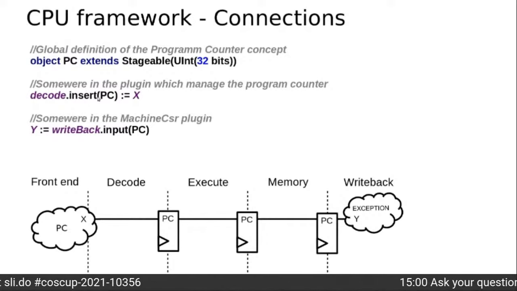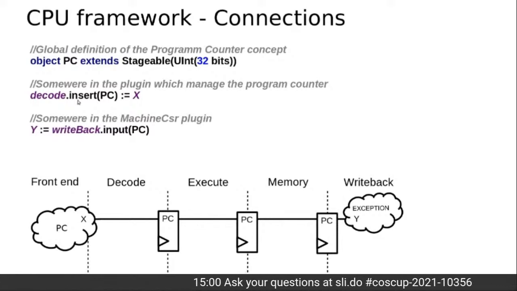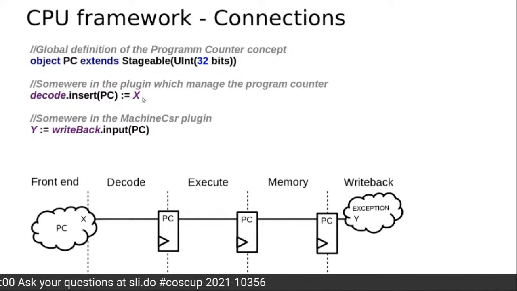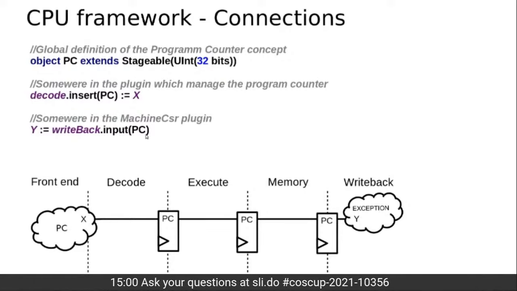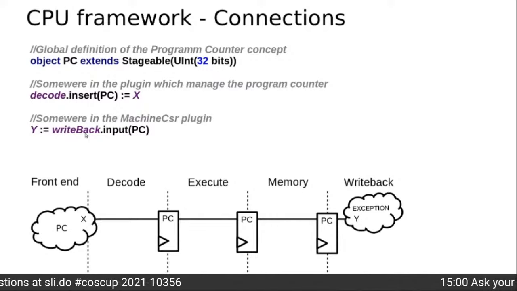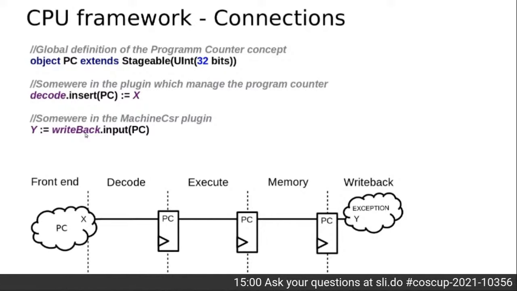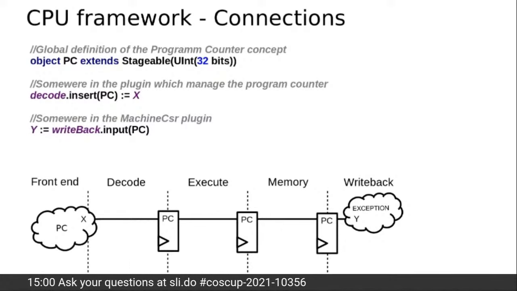And then, for instance, in the PC Manager plugin, we will insert the program counter in the decode stage with the value X. And in another plugin, the one which manages the exception, we'll say, okay, I want to read the input program counter of the write-back stage. So the plugins only need to specify where they want things, and the framework will automatically pipeline things.